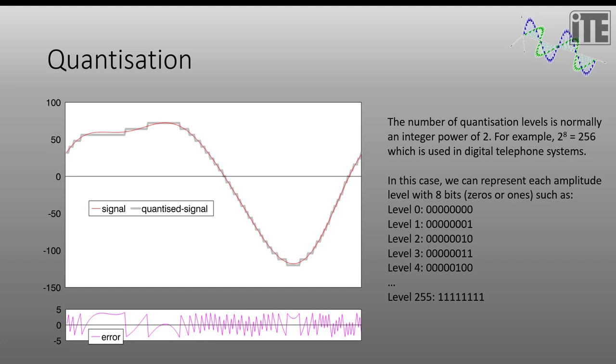In other words, 16 bits is more than what the human ear can hear, and therefore the quantization error is effectively negligible. But for 8 bits, our ear can hear that, but it's certainly good enough to listen to someone's voice on the other end of a telephone connection.